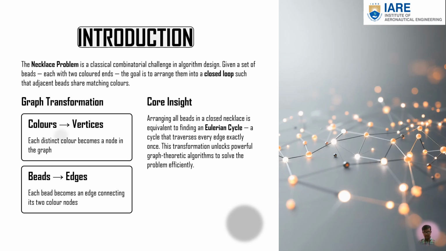The core insight here is that arranging all beads in a closed necklace is equivalent to finding an Eulerian cycle, a cycle that traverses each and every edge exactly once. This transformation unlocks powerful graph theoretic algorithms to solve the problem efficiently. So this was all about the introduction to the topic.